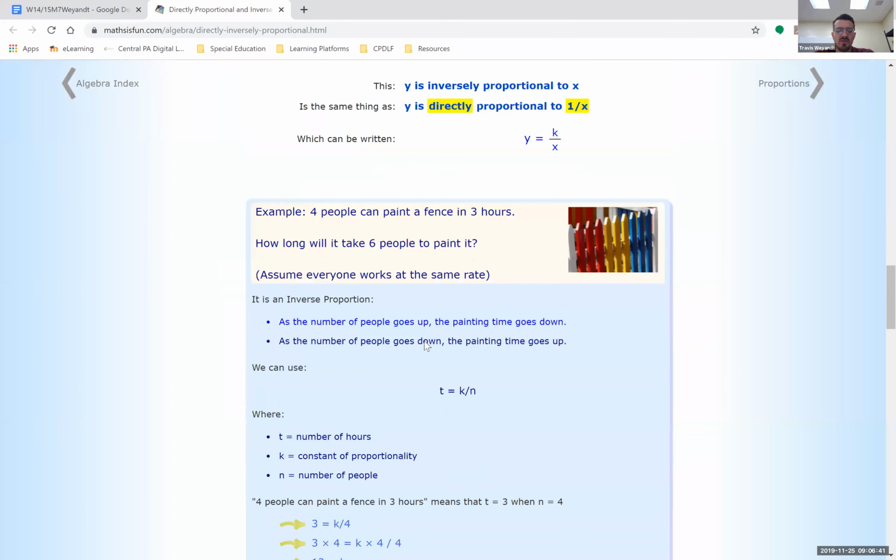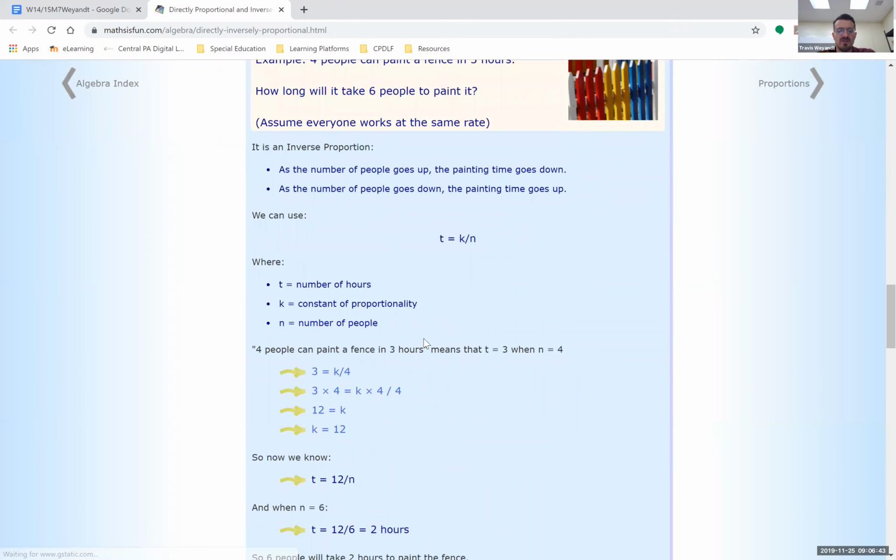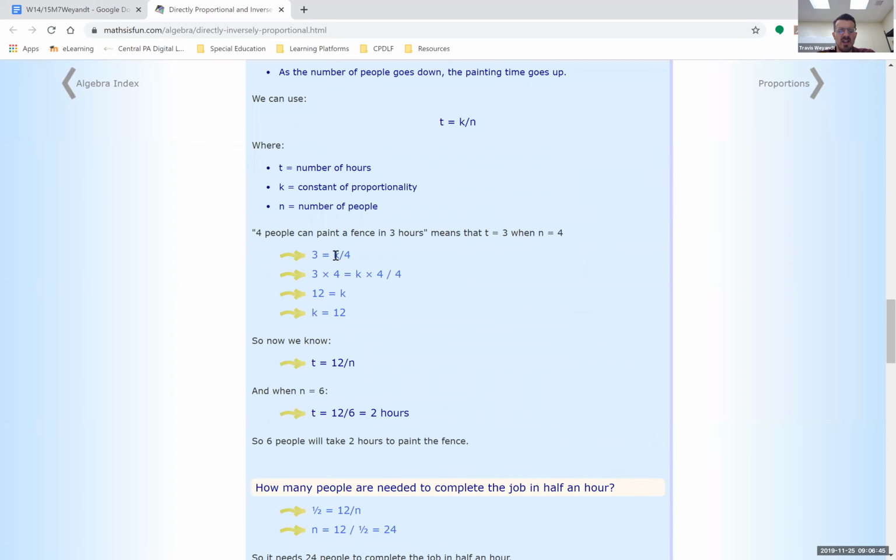Same thing with an inverse. If we need to find k, it's a little bit of an opposite process. Here, if I'm given y equals 3 and x equals 4, we need to find k. Just like with a direct, where we were multiplying k and x, here we're dividing k by x. So the opposite of division would be multiplication.